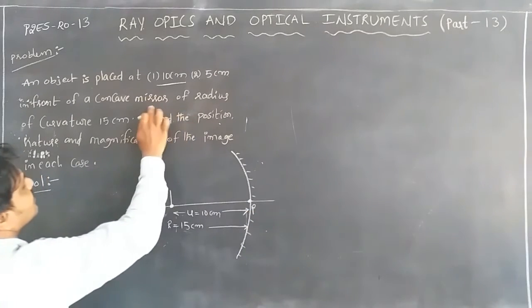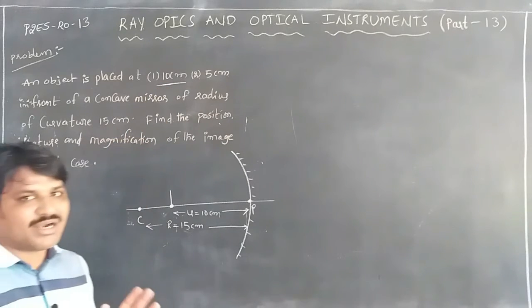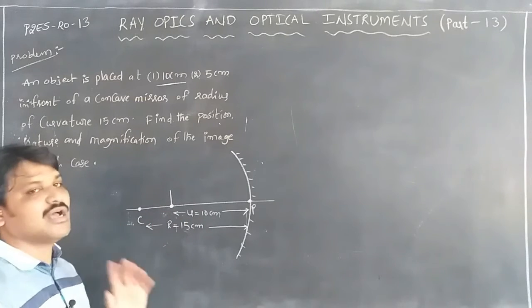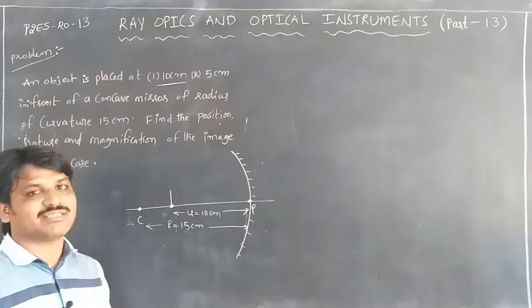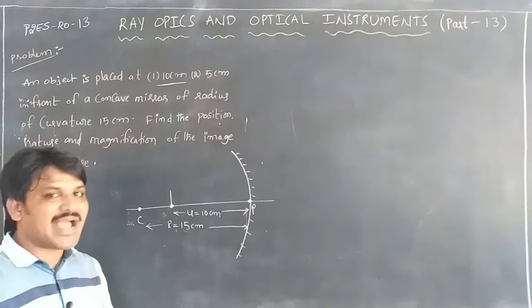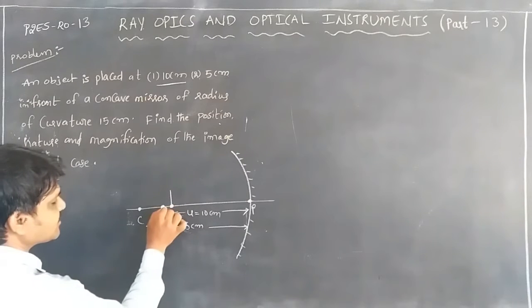He asked for the position of the image, which side the image is formed, the nature of the image, and how much the magnification is. First, here is the object.